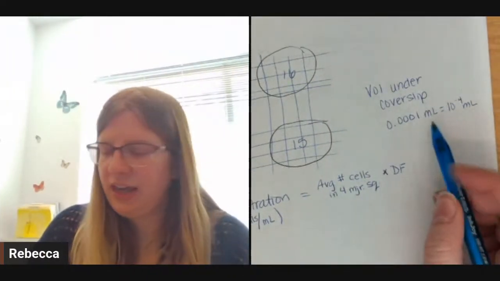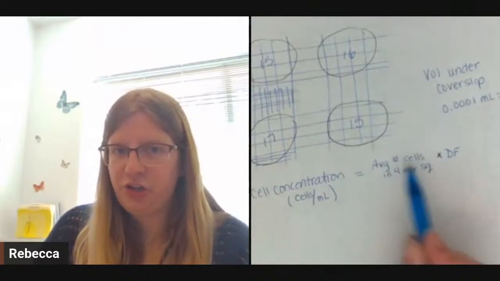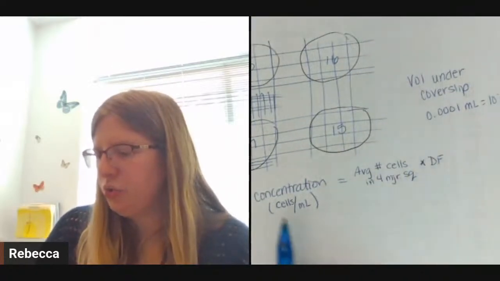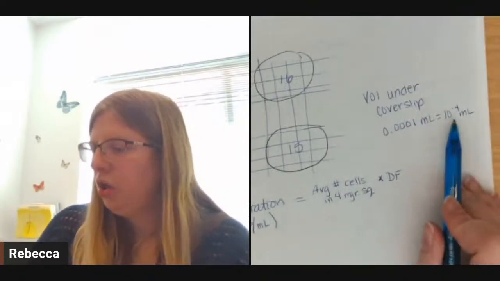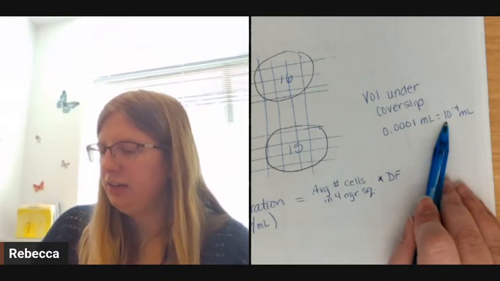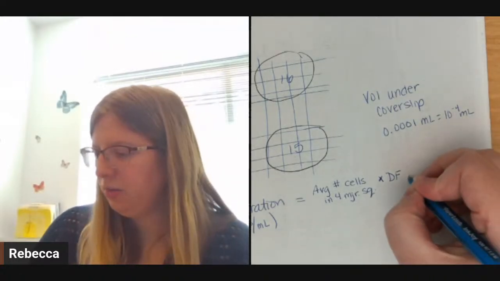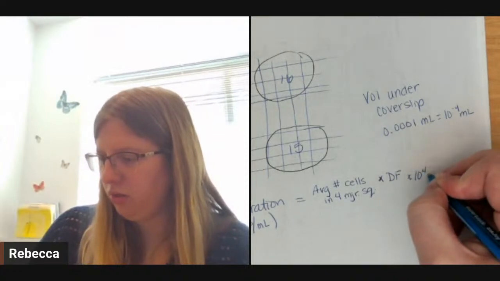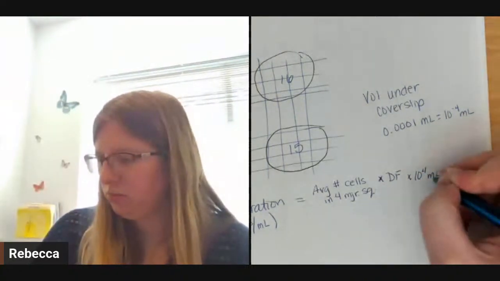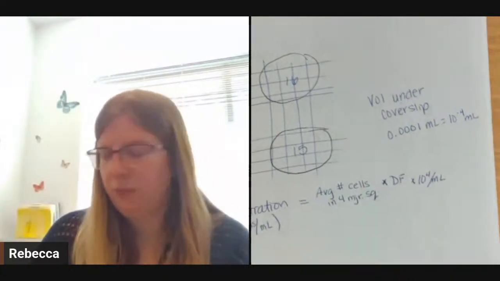So to get our cell concentration equation back to cells per milliliter, we've diluted it to make it 10 to the negative fourth. So to go backwards, we need to multiply by 10 to the fourth.